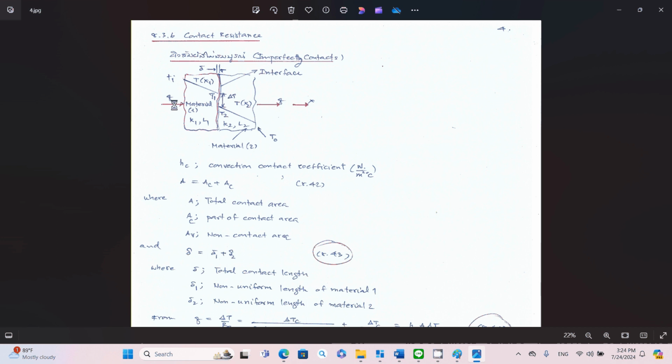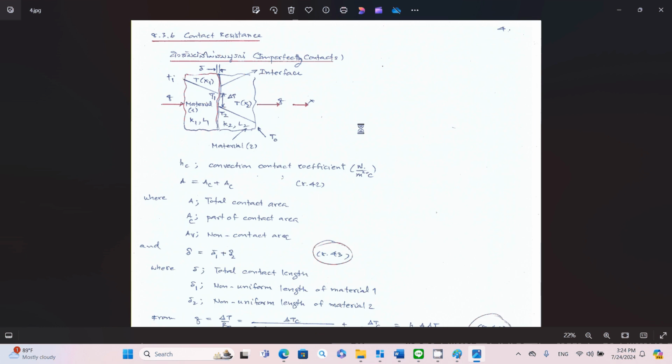You have incoming heat that transfers through two types of materials. They have different thermal conductivities K1 and K2, and also have the gap between the contact.